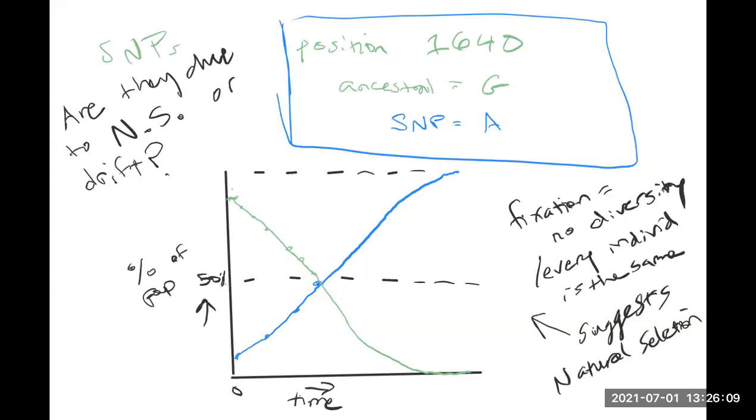However, we know that this can happen due to drift if there are small population sizes, if there are things like migration occurring either into or out of the population, bottlenecks, etc. So something else we can do to determine whether the increase of a certain mutation in the population is being caused by natural selection or drift is to look at the phenotype, right?